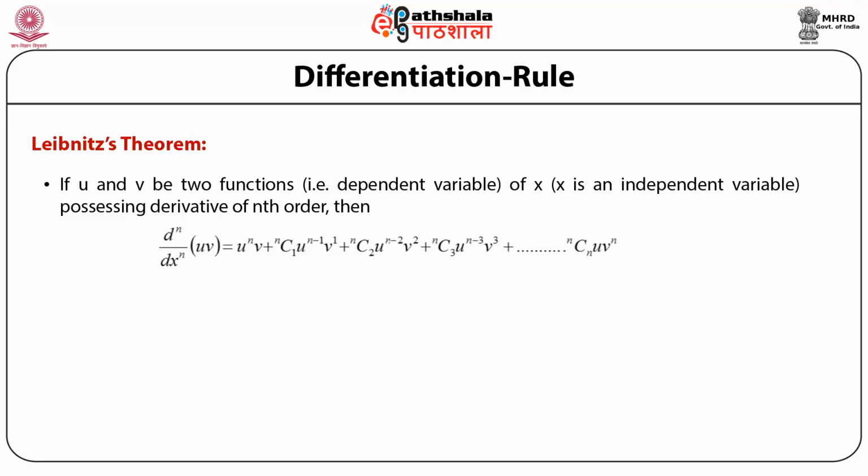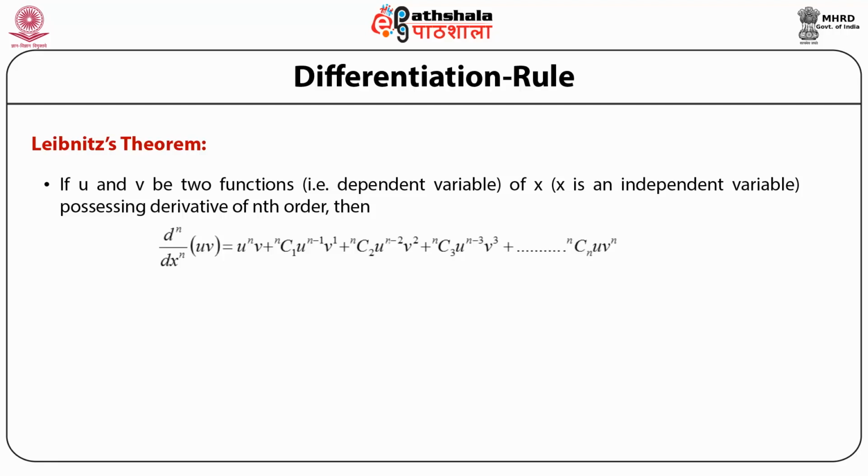And u to the power n means d to the power n by dx power n of u. And v to the power n is not v times n, it is the nth derivative of v.